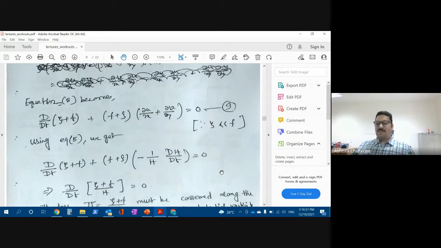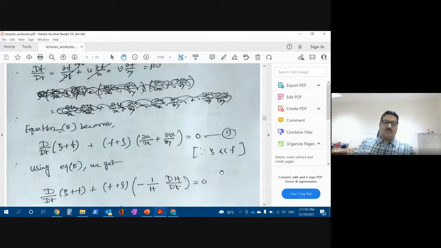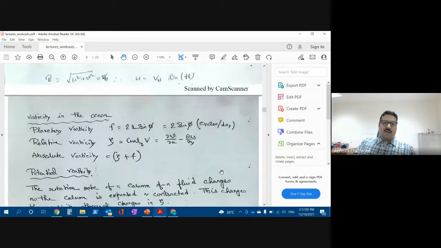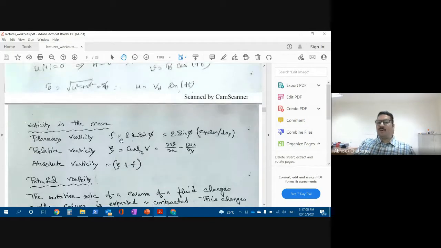Okay, so we know what is vorticity. There are basically two types of vorticity that we'll be looking at. One is called planetary vorticity, which is basically called F. The vorticity basically means the rotational momentum. Okay, so basically Earth is having a rotational velocity, so it has its own vorticity.